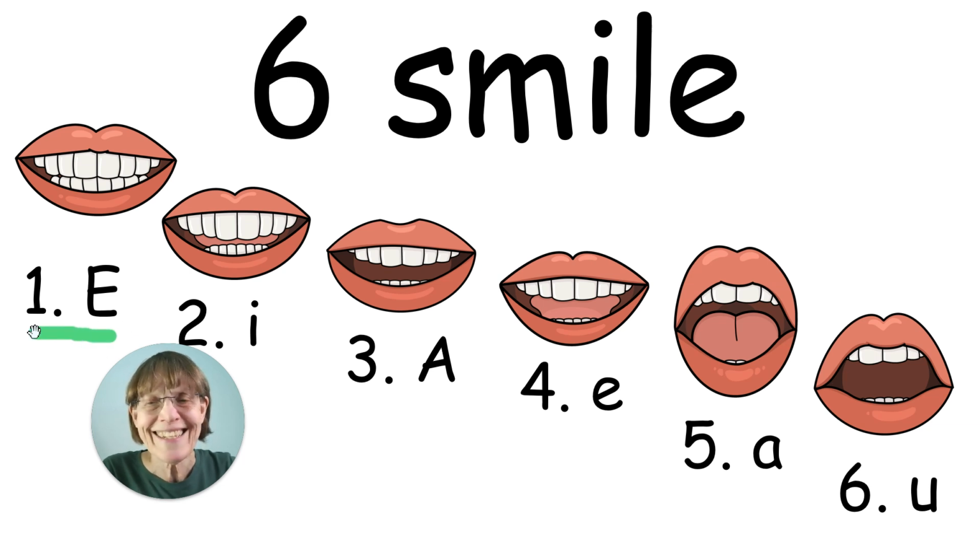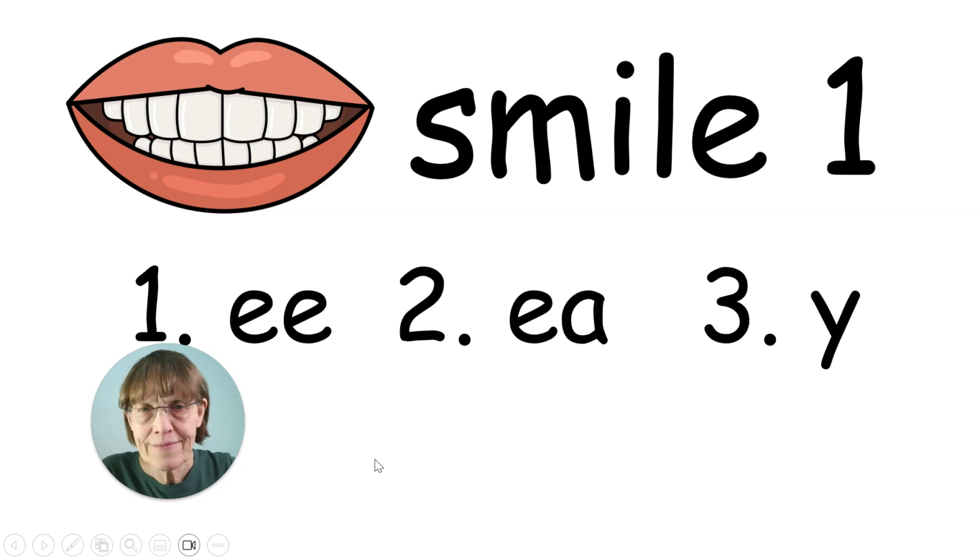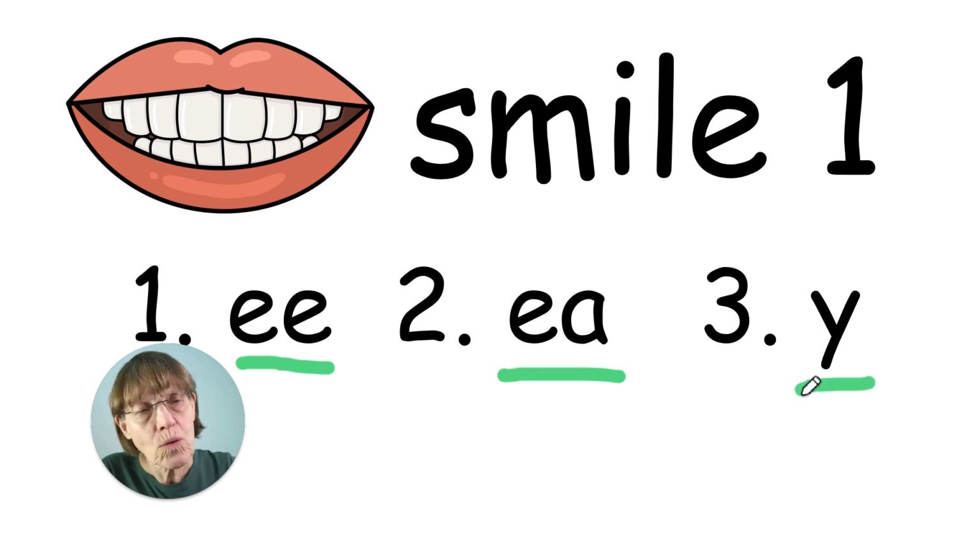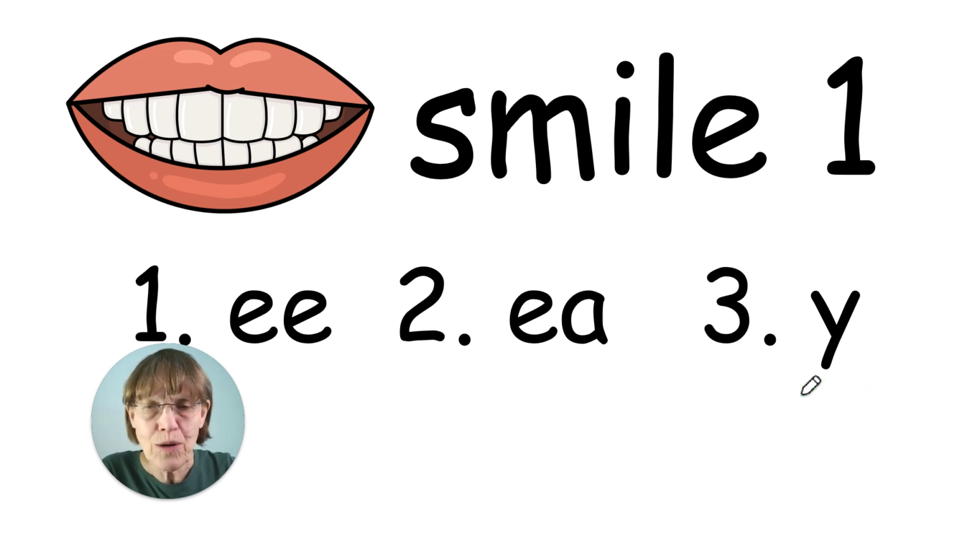Number 1, E. Number 2, I. Number 3, A. Number 4, E. Number 5, A. And number 6, A. So remember that smile number 1, E, can be spelled in 3 different ways: with an EE, with an EA, or with a Y at the end of big words.